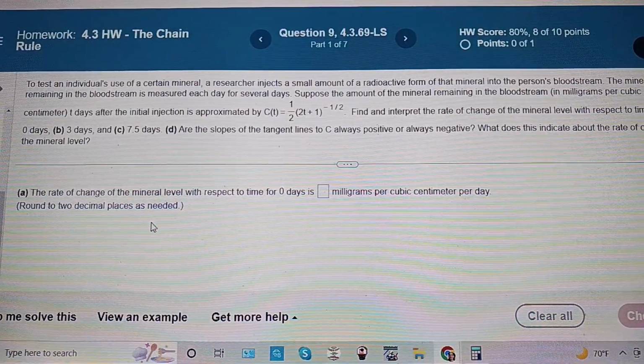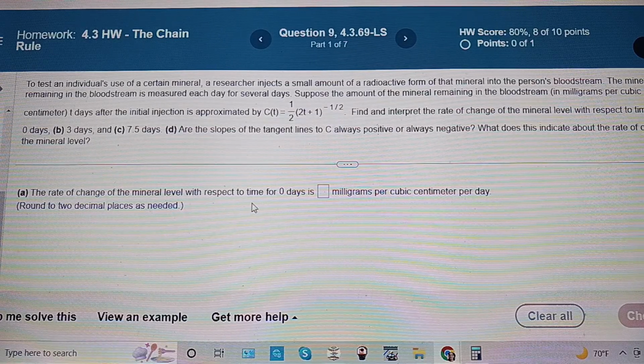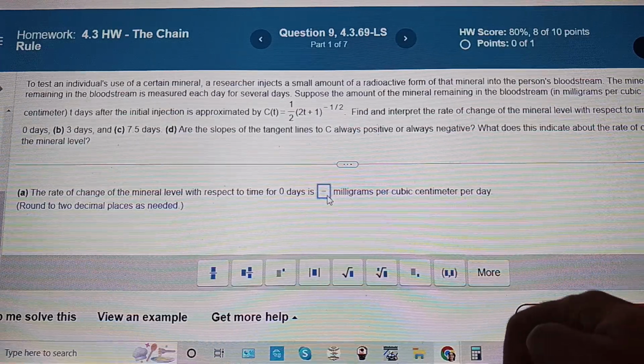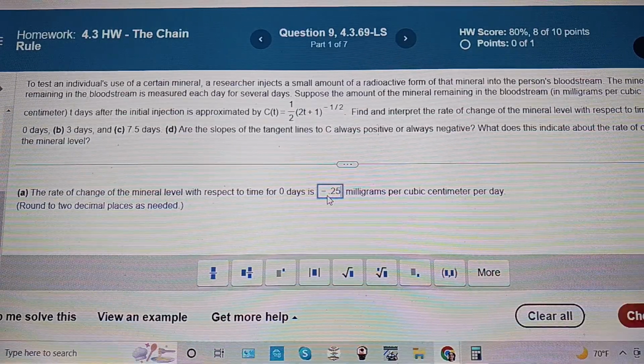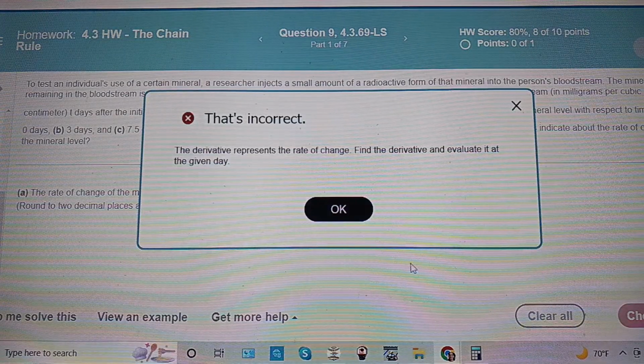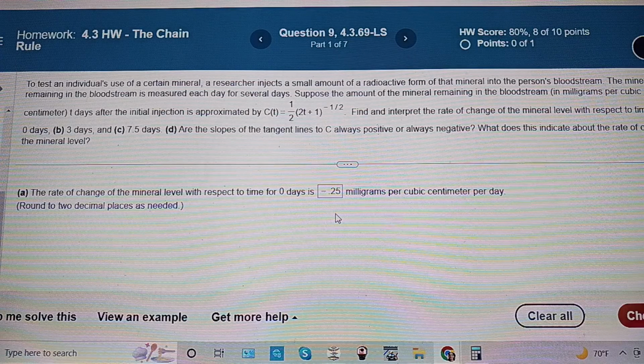Round to 2 decimal places, so they didn't want the fraction. The rate of change for the mineral with respect to time for 0 days is blank milligrams per cubic centimeter per day. So yeah, looks like that's it. Sometimes you got to worry about the units changing in the answer compared to what we started with. Okay, maybe that is what's going on.